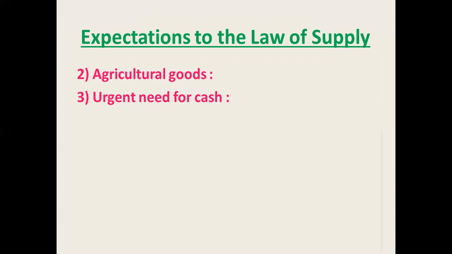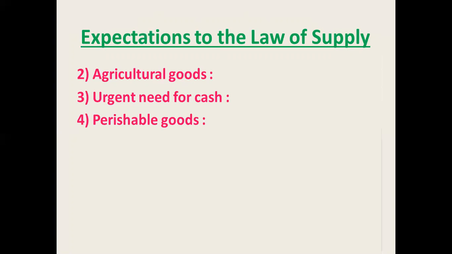It means if the producer faces any crisis related to his firm, production, or industry, then the commodity will be available for sale at any price. At that time urgent cash is important, because he needs that cash. So that is an exception to the law of supply.